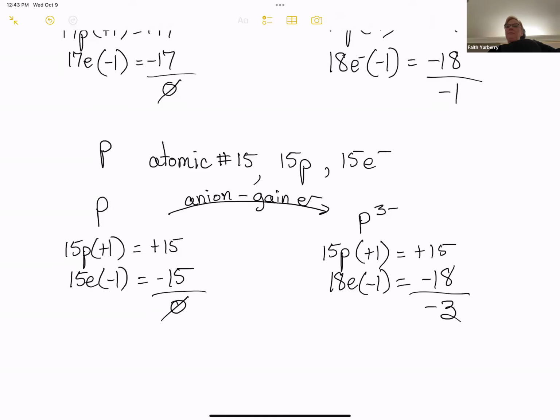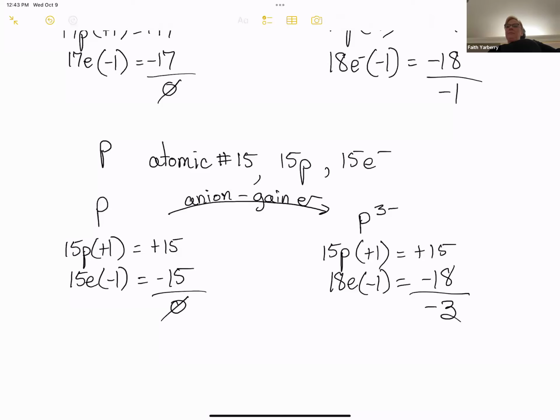How I determined the atomic number was I looked at the periodic table to figure out what number the element was. The atomic number in a neutral atom of an element, which is all you're going to be tested over, is neutral atoms of elements. The atomic number is equal to the number of protons, which is equal to the number of electrons.